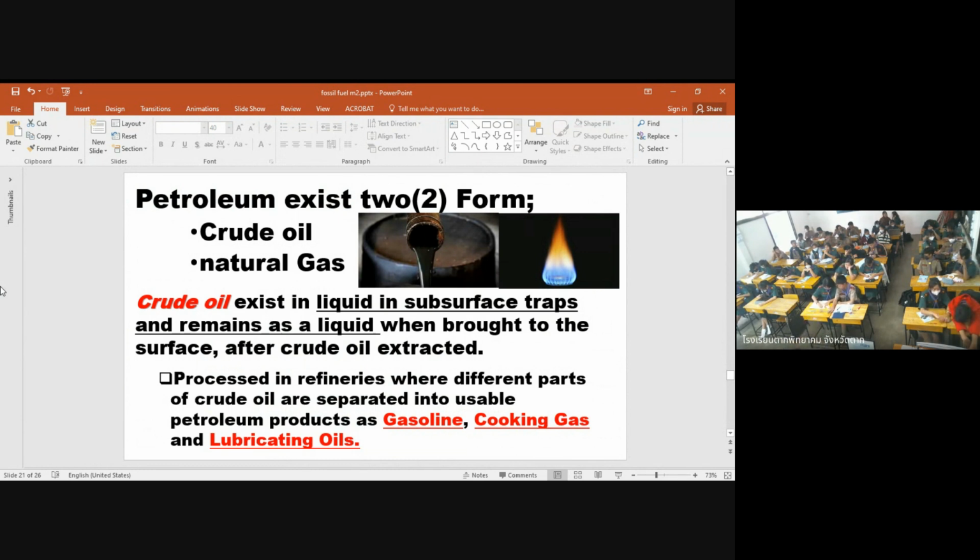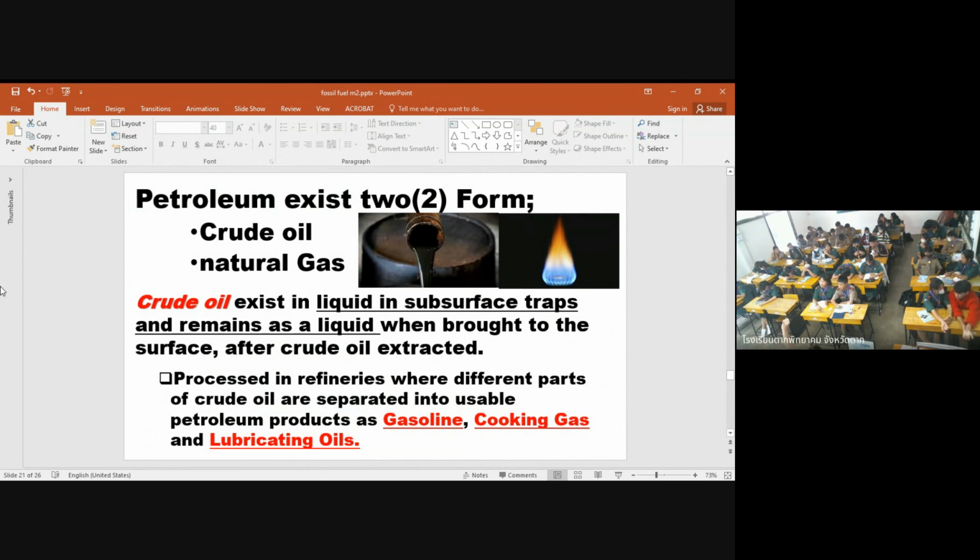When brought to the surface after the crude oil is extracted, the process in refineries is where different parts of crude oil are separated into usable petroleum products. What are the usable petroleum products?